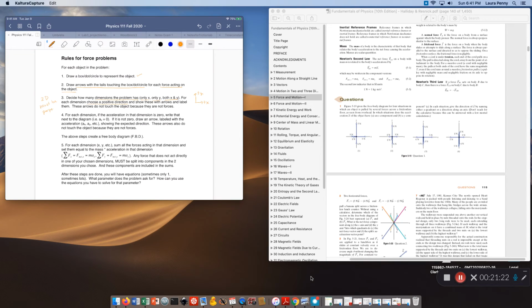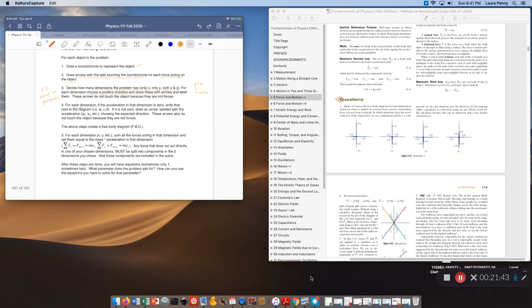They must be at 90-degree angles. So in other words, you can't have positive Y and positive X at an angle that's not 90 degrees between the 2 of them. You have to have 90 degrees between them for this to work.